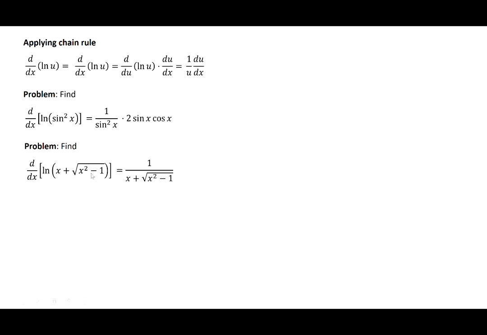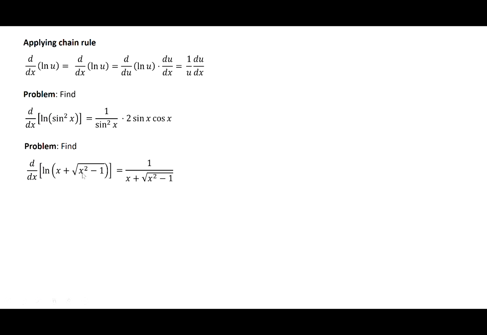Because we already said u was x plus square root of x square minus 1, I would just want to give a different variable, u1. So we have square root of u1. Oh, simple. 1 over 2 square root of u1 times the derivative of u1 itself. What's u1? x square minus 1.